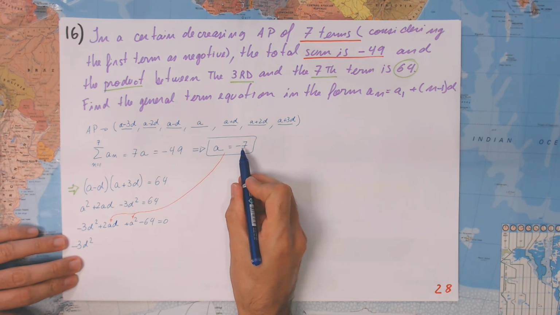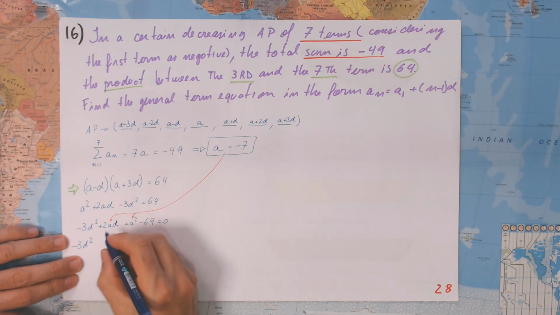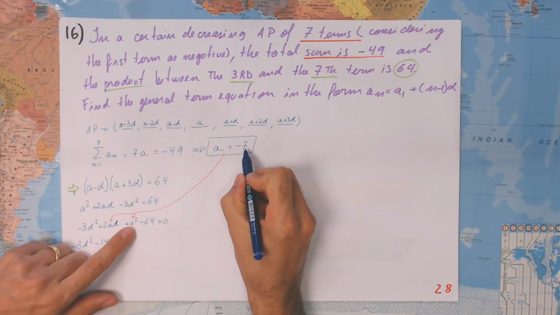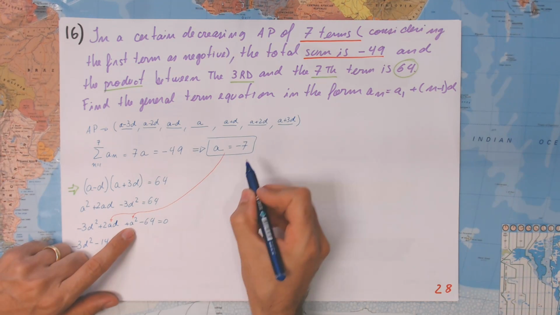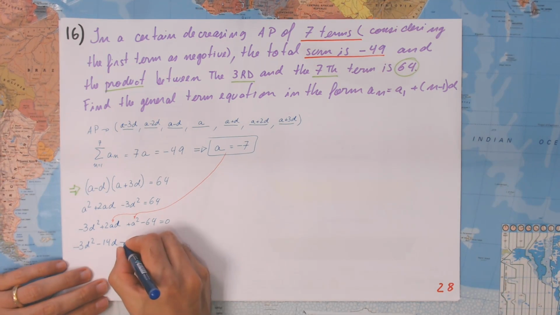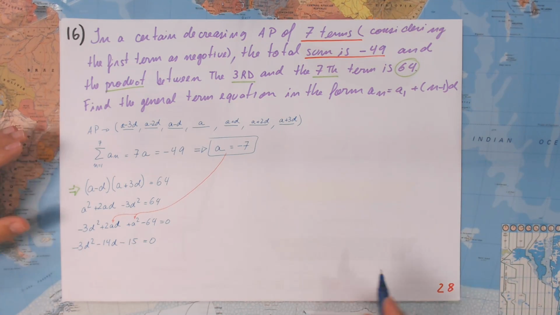A is minus 7, then it's going to be minus 14D. And now 7 squared is 49. The minus goes away because we are squaring. 49 minus 64 is going to be minus 15. So this is going to be our equation.